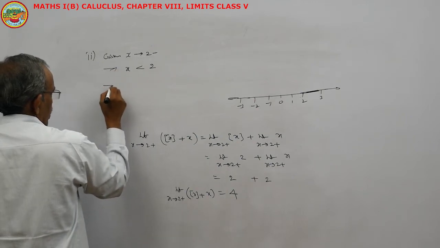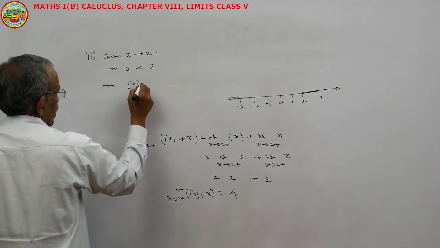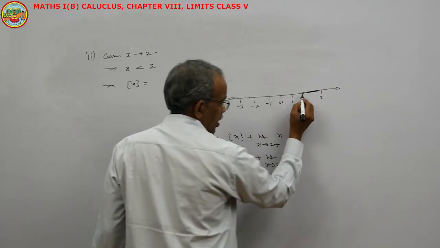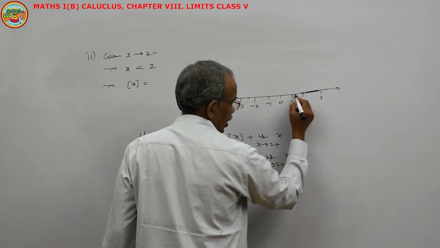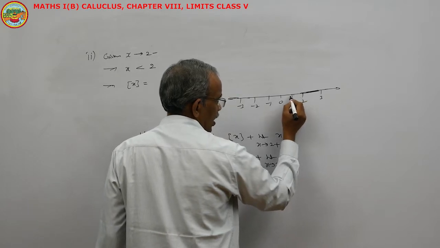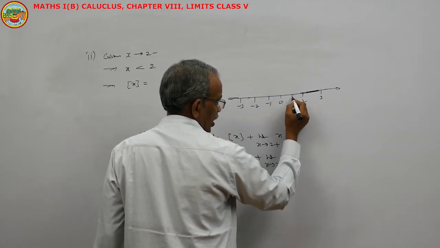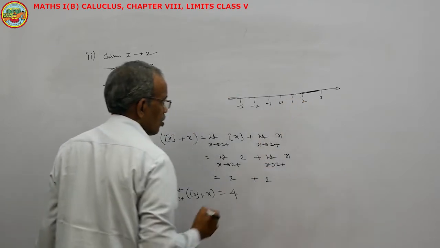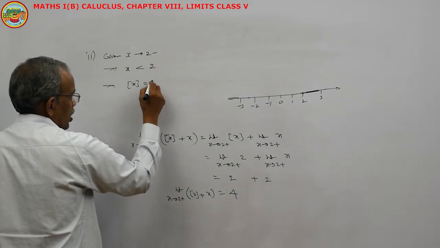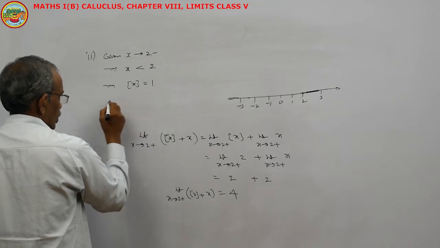That implies step x. Less than 2 means look at the left side of 2. What are the numbers on the left side of 2? Up to 1: 1, 1.2, 1.3, 1.5, 1.9. The integral part of 1.9 is 1, of 1.5 is 1, of 1.2 is 1. So when x is less than 2, the integral part is equal to 1.